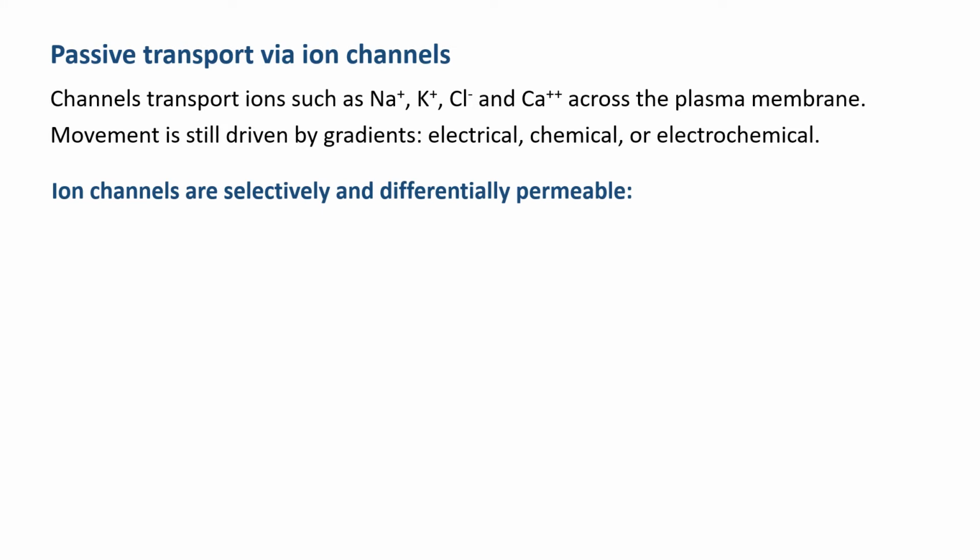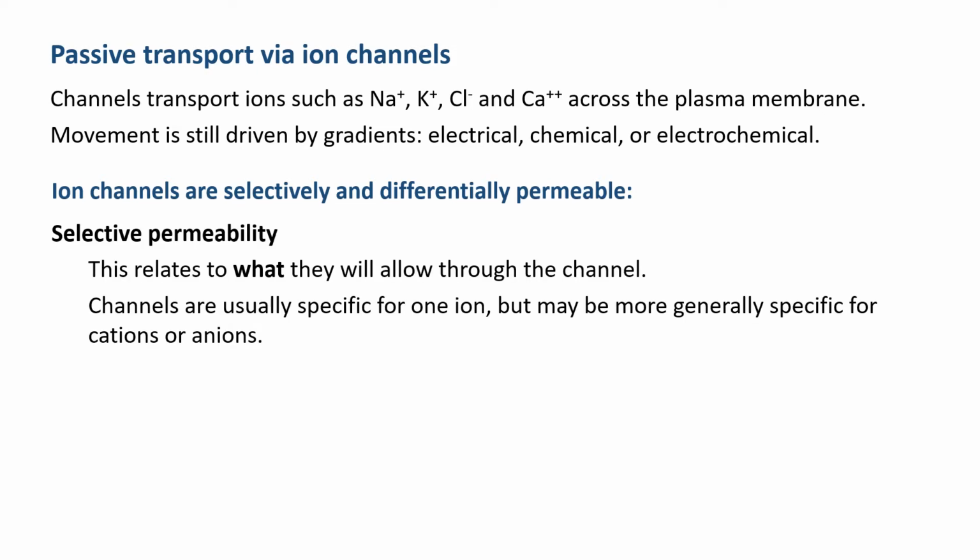So here's our rather little problem, of course. All very well having these gradients, and we can say things want to move through. Whether they can or not is down to permeability. So ion channels are selectively and differentially permeable. So let's talk about that. Selective permeability is about what? So it's about what the channel will allow to pass through.